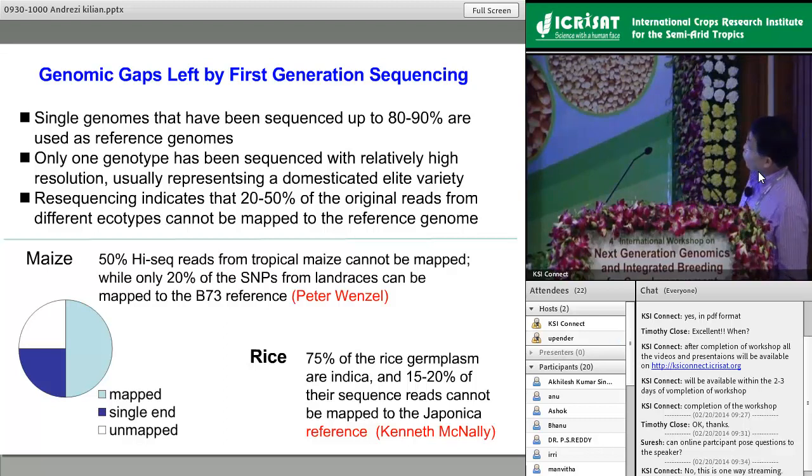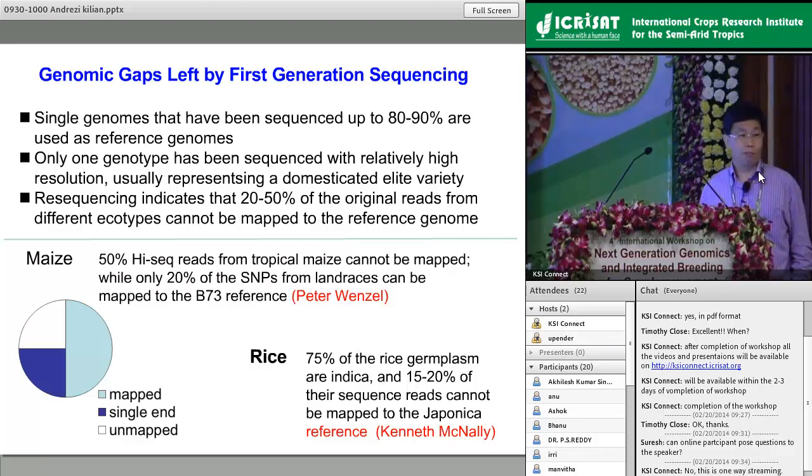These sequencing activities indicate that 20 to 50% of original reads from different ecotypes cannot be mapped to the reference genome. That's the biggest problem. For maize, our resequencing activity indicates that 50% of the reads cannot be mapped to the reference. And yesterday you heard from Peter that only 20% of reads from the landrace can be mapped to the reference.